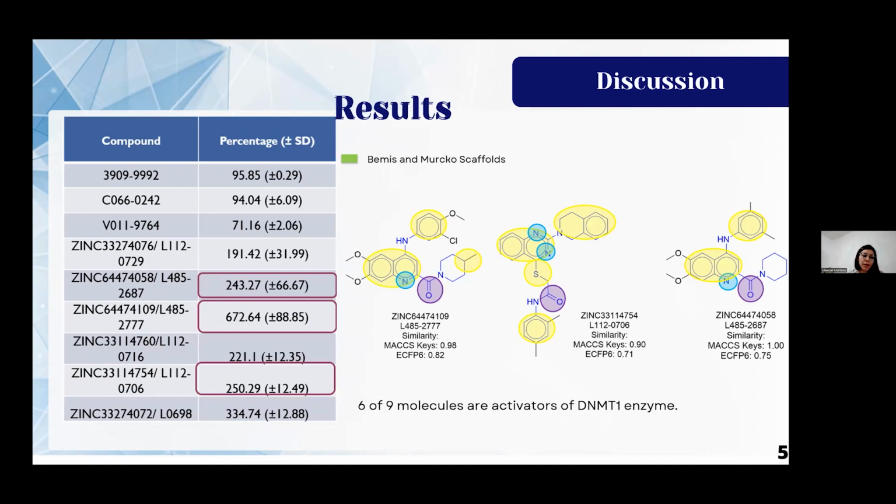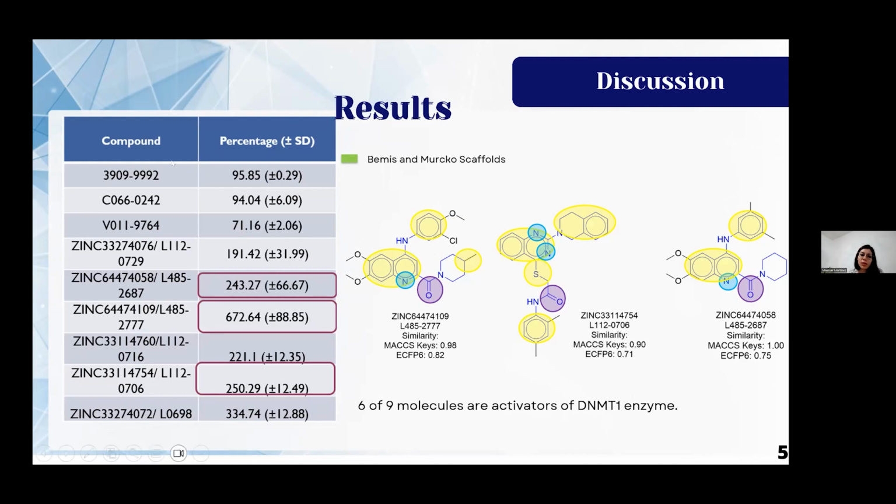These molecules have a similarity value with MACCS ranging from 0.9 to 1, and with ECFP6 from 0.7 to 0.8. And in contrast, the molecules that were inactive, despite having values between 0.8 and 0.9 with MACCS, exhibited very low values with ECFP6, ranging from 0.16 to 0.20.